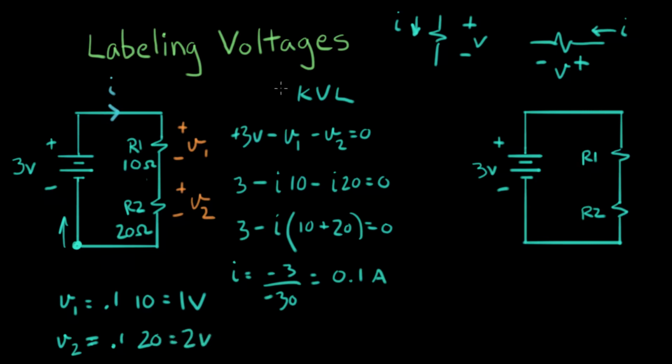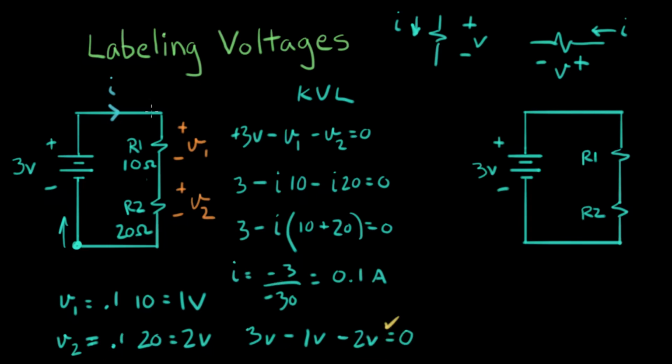And I can do one last little check. I can go back and I can see KVL. I can do a check to see if this equation came out right. So 3 volts minus V1 is 1 volt, minus V2 is 2 volts, and that equals 0. And I get to put a check mark here because, yes, it's equal to 0.